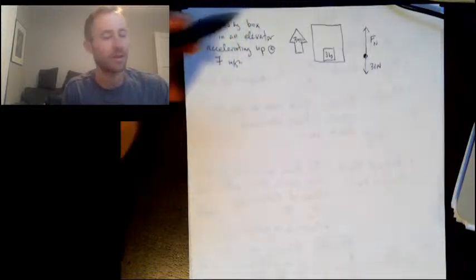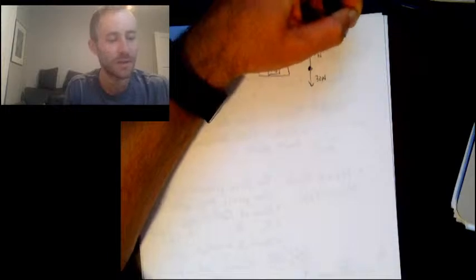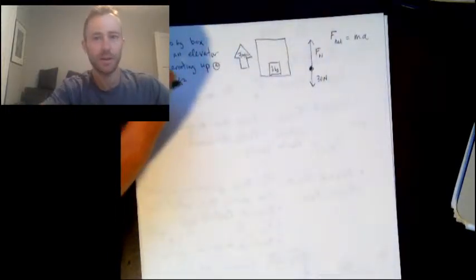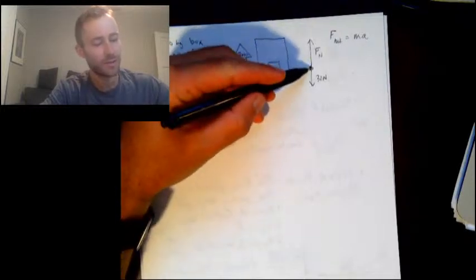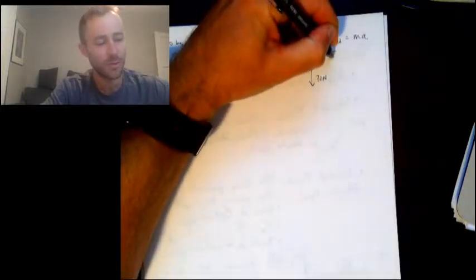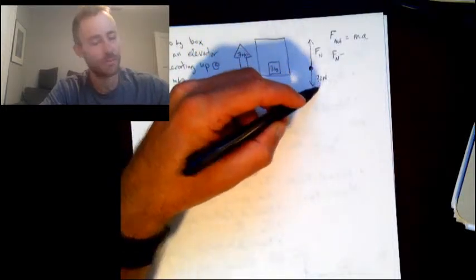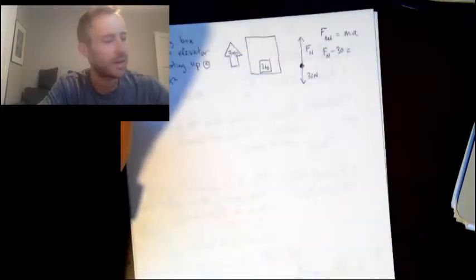All right, and so we can actually calculate the normal force with Newton's second law. Net force equals ma. The net force is the positive force, which is normal, minus the downward force, which is weight, and that equals ma.